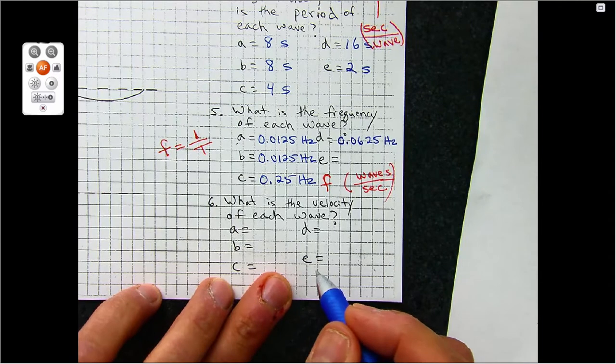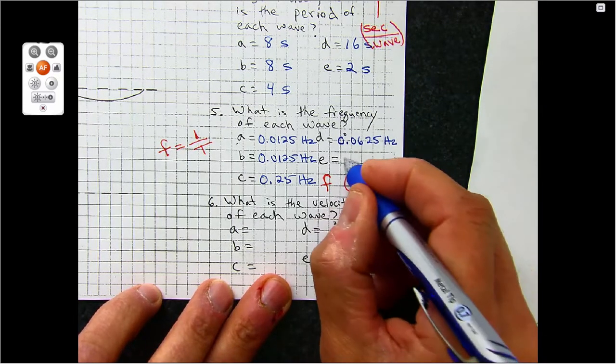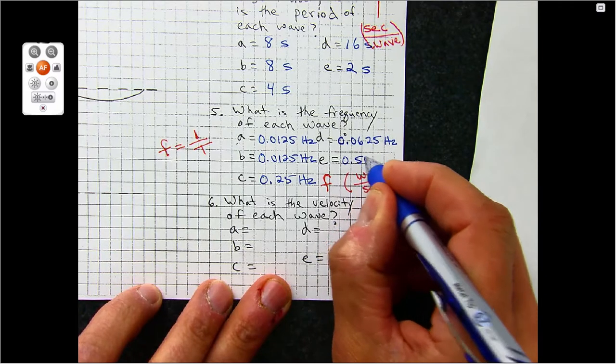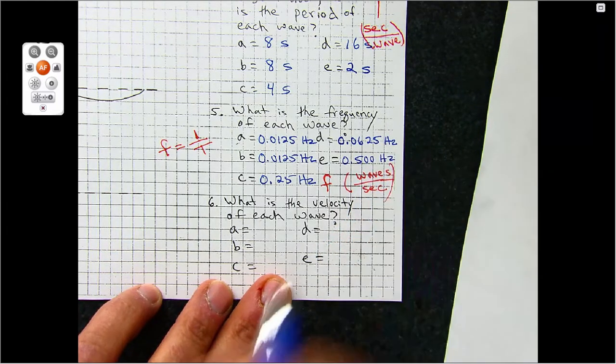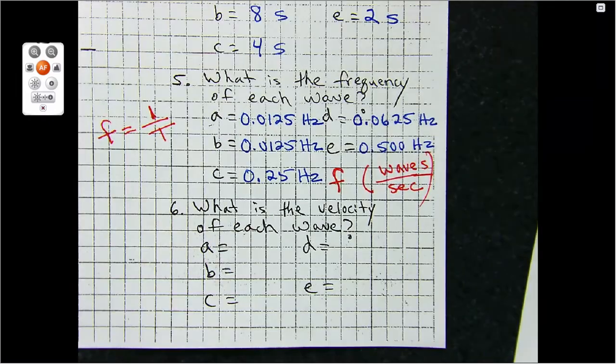And E is 1 over 2.5. I don't know why I did 3 decimal places.